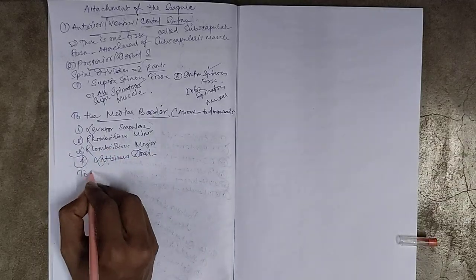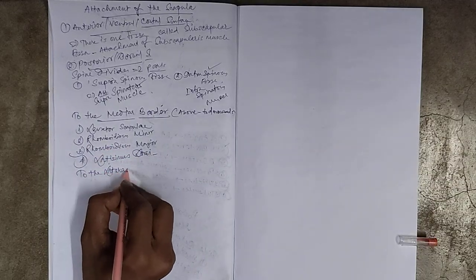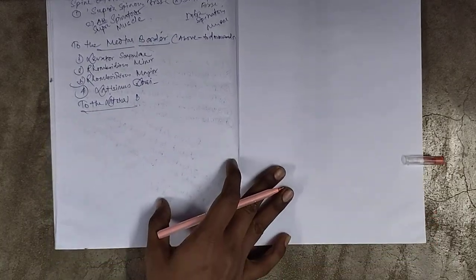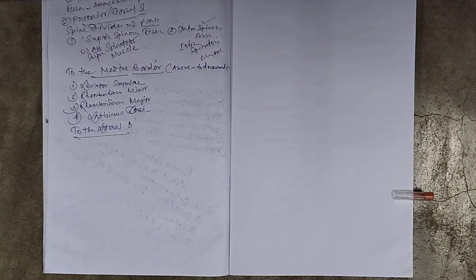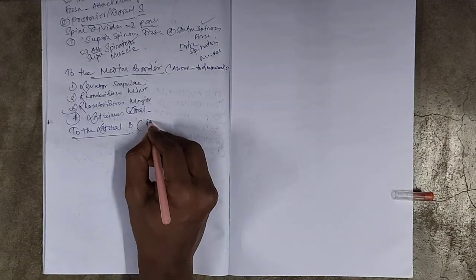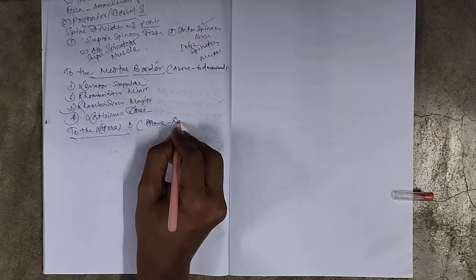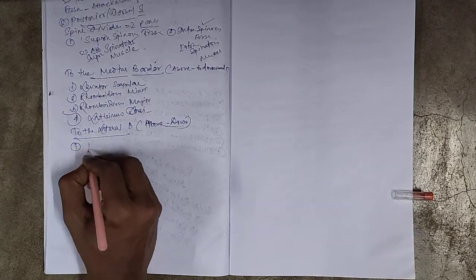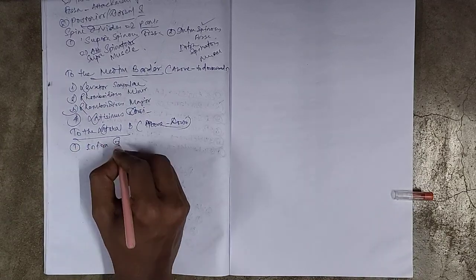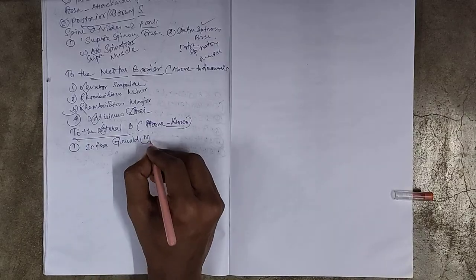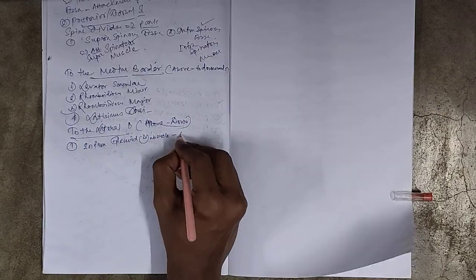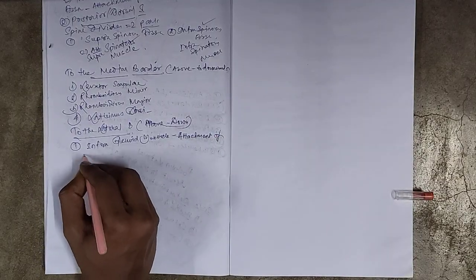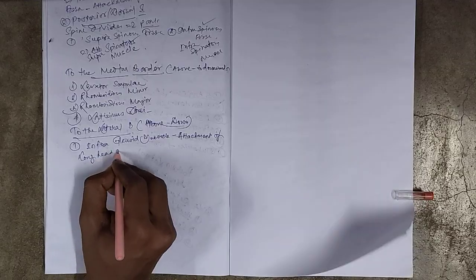Now the lateral border. In case of the lateral border, we will discuss again from above to downwards. Here the attachment of number 1 is the infraglenoid tubercle, and here is the attachment of the long head of biceps brachii.